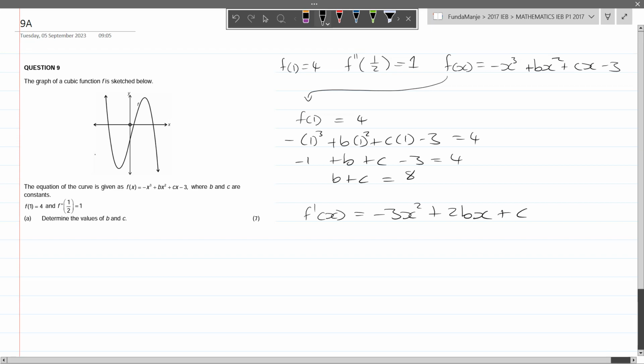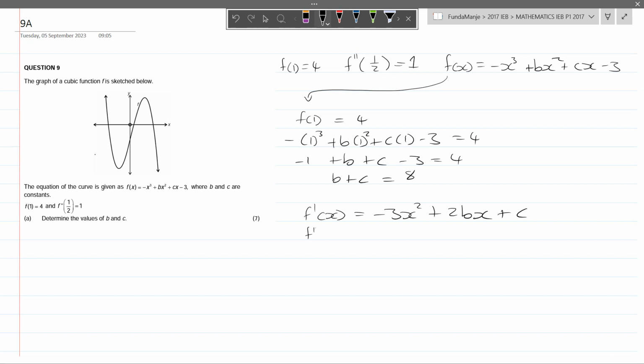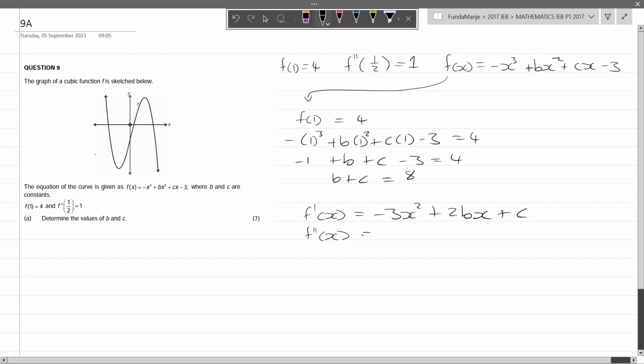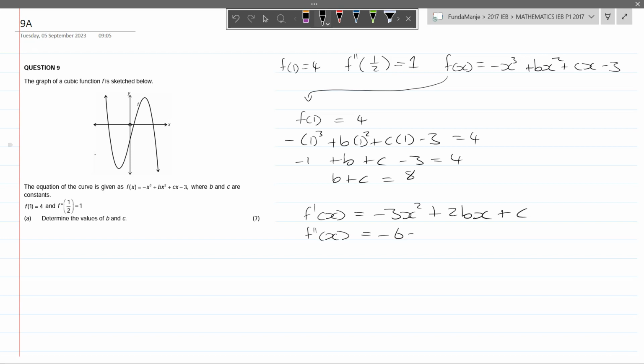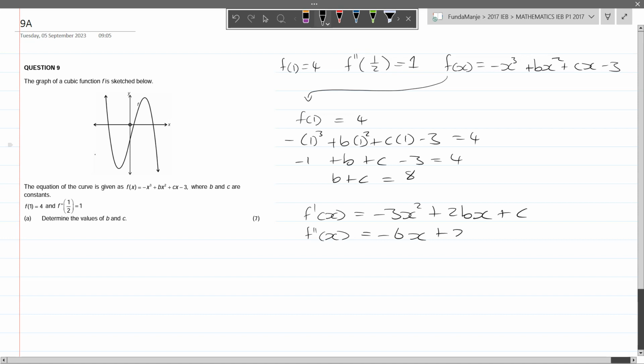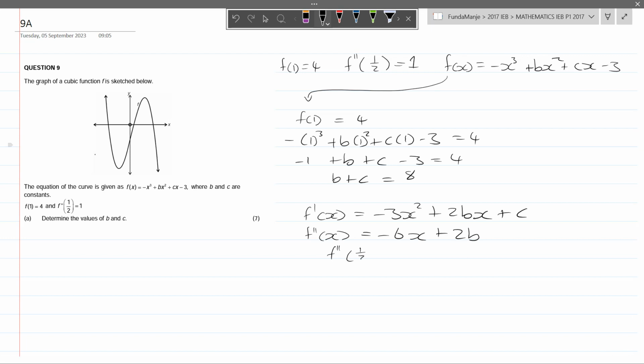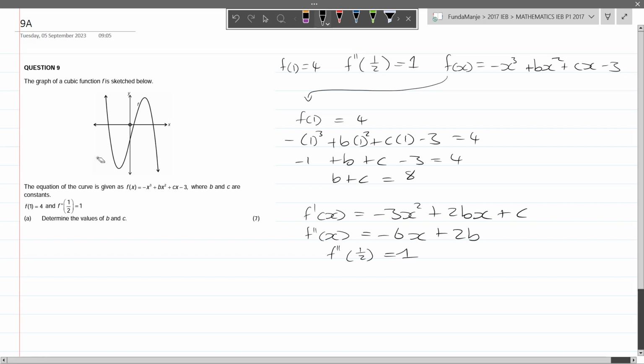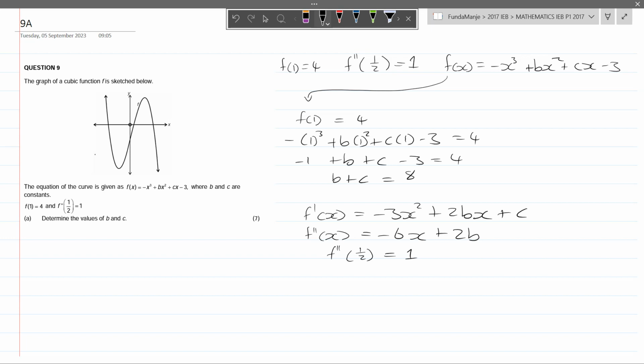Since we're not given any information about the first derivative, we go straight to the second derivative. And that will be minus 6x plus 2b, right? Then we can now use the formula that says when x is a half, the value of the second derivative is 1. So we can substitute.